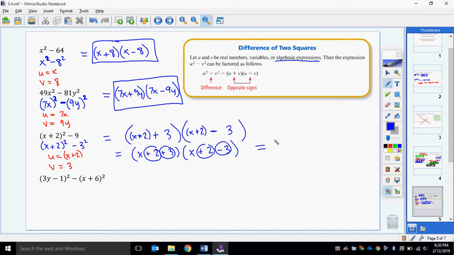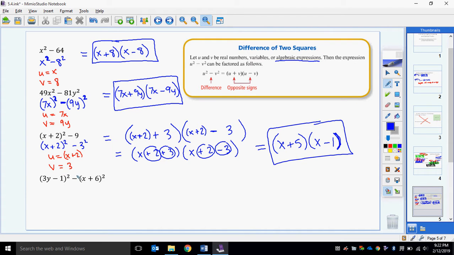They're just numbers that I can add together. So a 2 plus a 3 would be a 5. And in your second parentheses, you have a positive 2 and a negative 3, so that'd be a negative 1. So this is my ending result after I factored the difference of two squares and simplified the like terms.